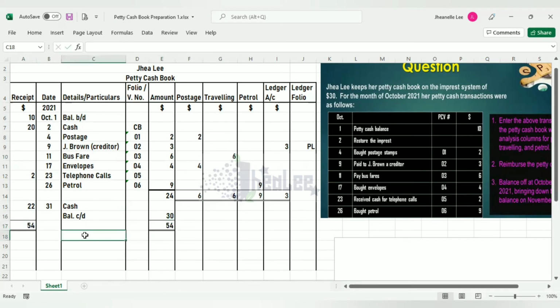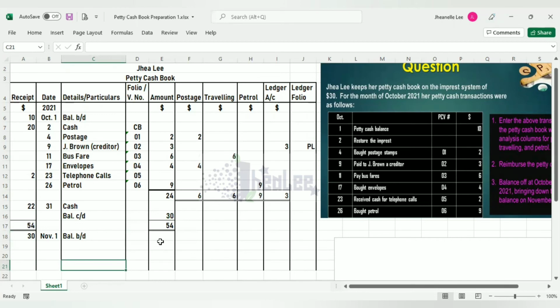To complete the balancing off process, at the beginning of the next month, which would be November 1st, our details is balance brought down and the amount is placed on the debit side, which is under the receipt column, opposite the balance carried down, and that is $30. So here we can see that after balancing off, we have restored the float successfully.